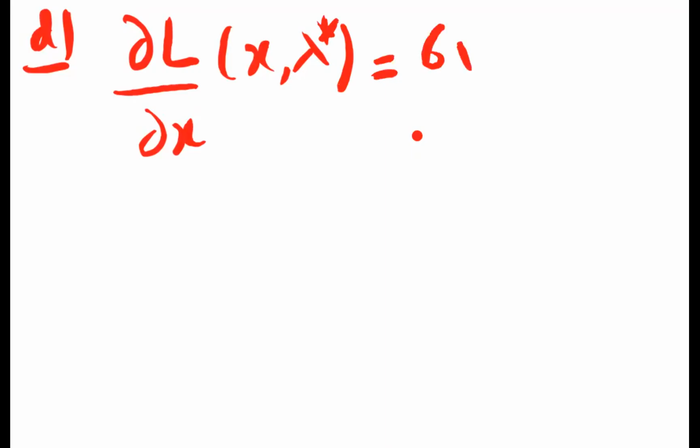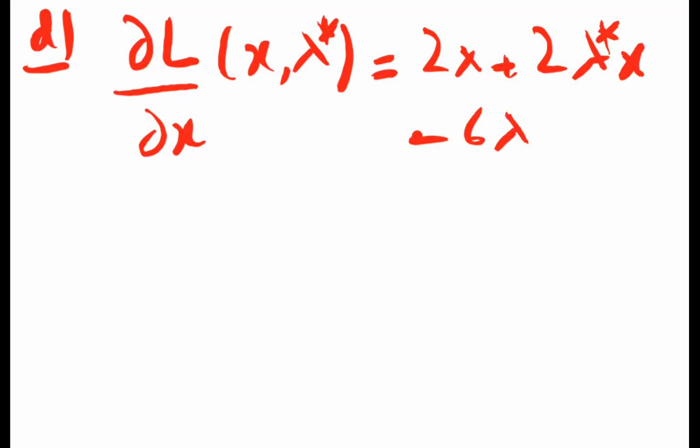Originally, let me write the original so you understand what's happening: 2x plus 2 lambda star x minus 6 lambda.